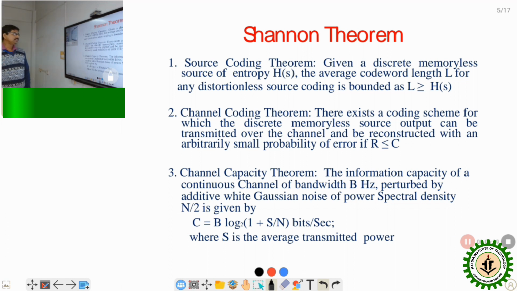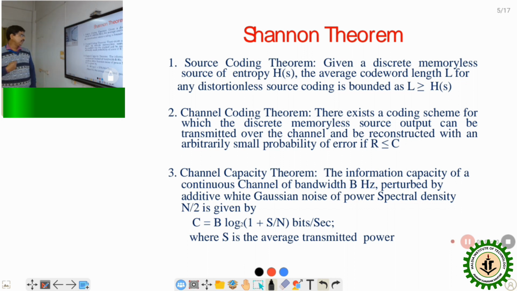So the channel capacity theorem applies to whatever channel we are using, where all the information or message is communicated from one point to the other. It may be a physical channel or simply air, a wireless channel.